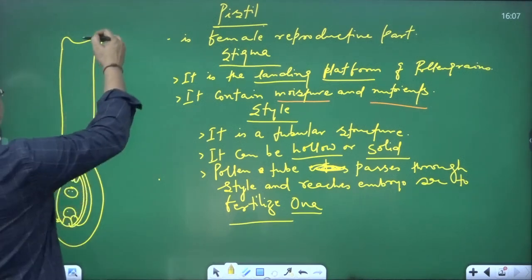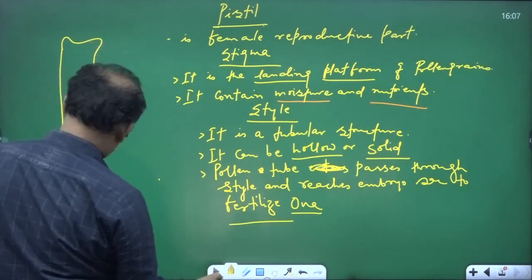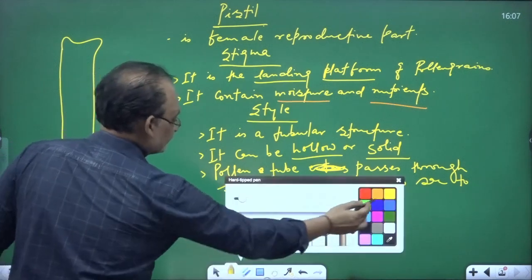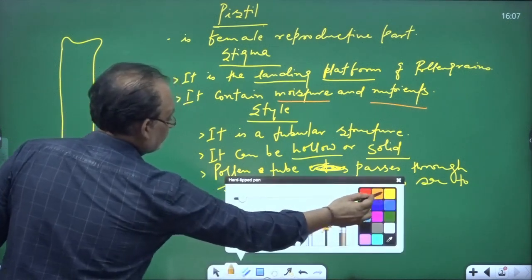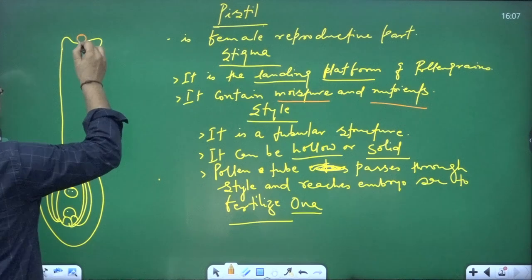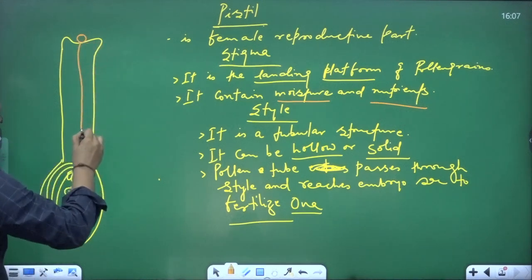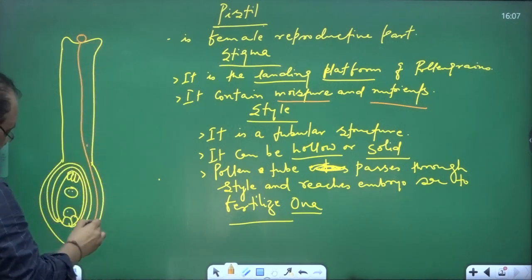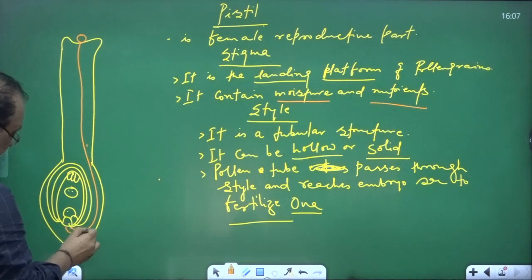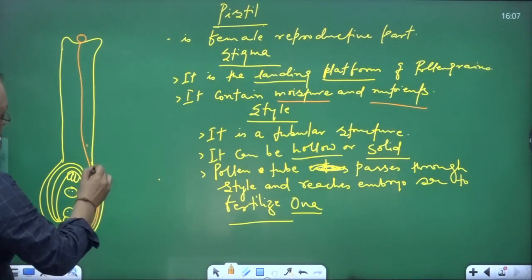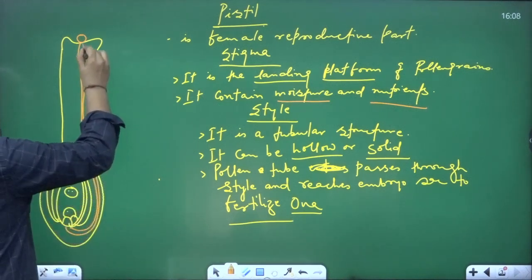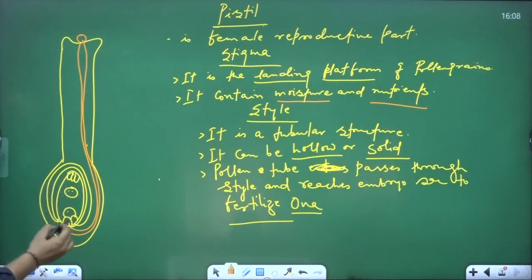So this is the structure. When the pollen tube enters like this, it contains 2 male gametes. One fertilizes with the ova and another one fertilizes with the central cell, right?